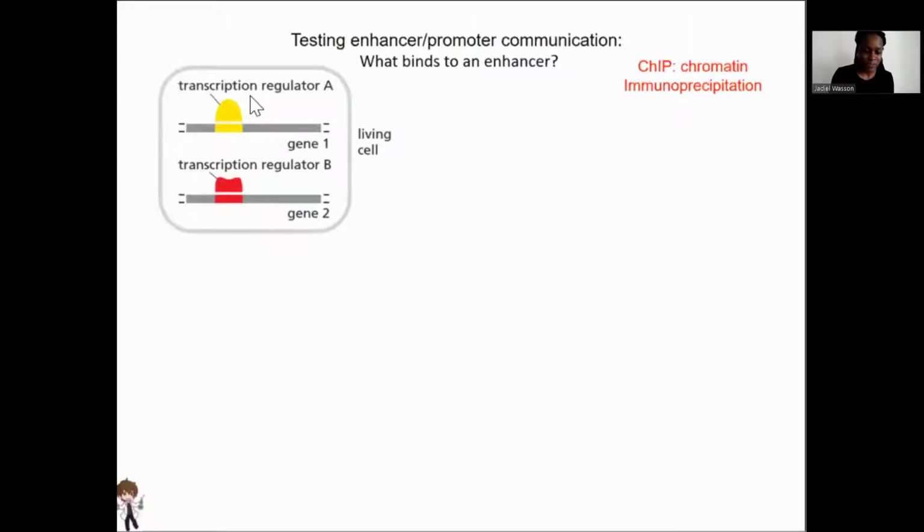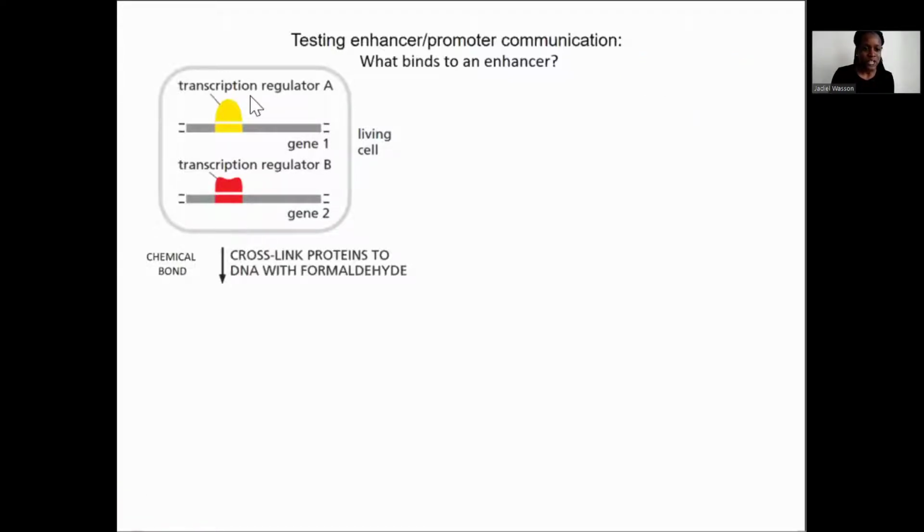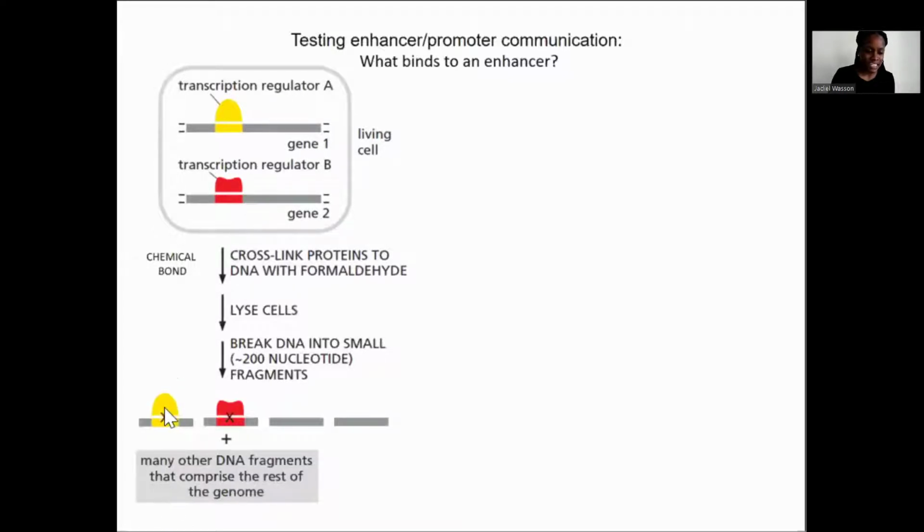The way this assay is performed is, first, you chemically cross-link these proteins to the DNA with something called formaldehyde. Then you lyse open the cells and break the DNA into very small fragments, around 200 nucleotides. So what you get in the end is a series of fragments, some that don't have anything bound to them, and others that have these regulatory proteins cross-linked to them.